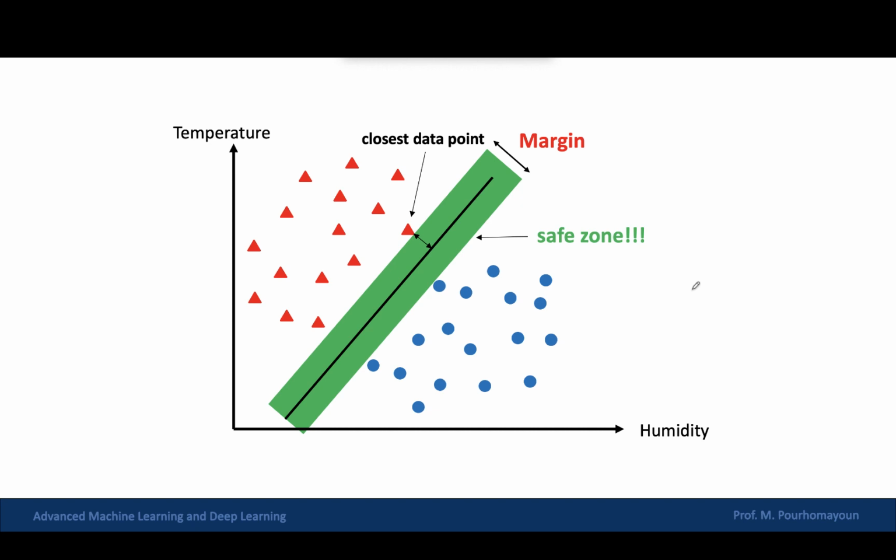So if you find the distance between your classifier and the nearest sample, okay, this distance is the distance to the nearest sample. If we double this distance on both sides, this is called the margin. This is a safe zone where there is no sample in that area.